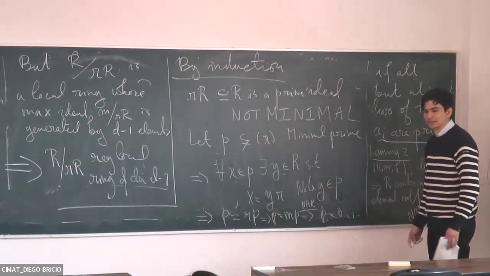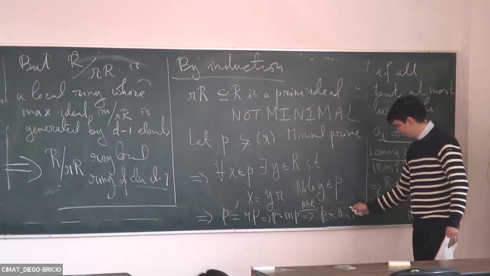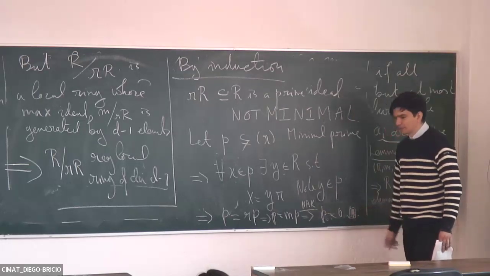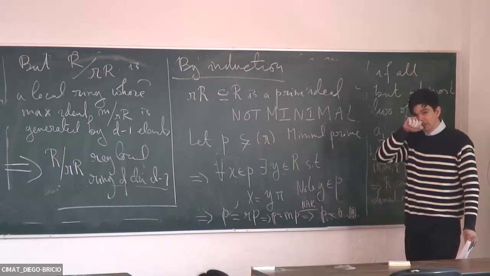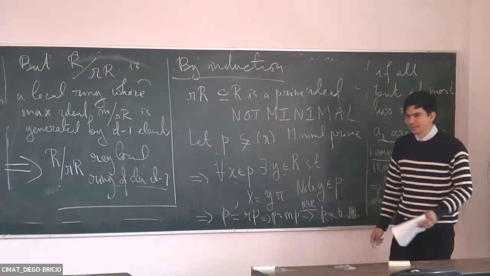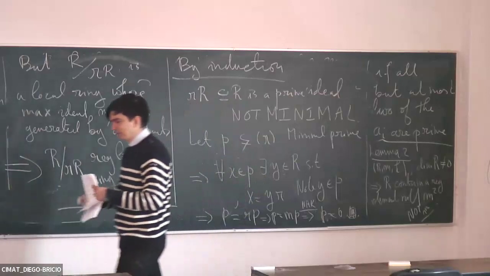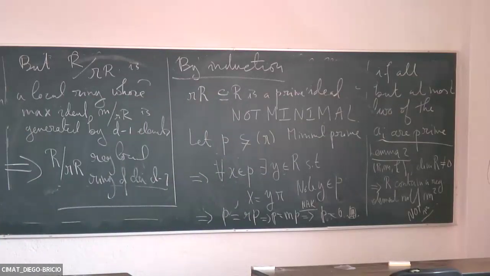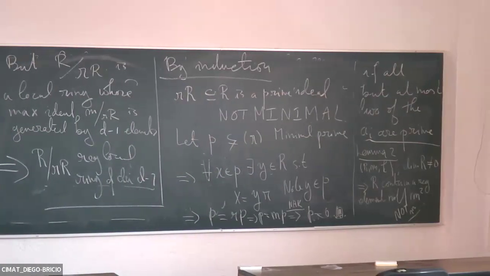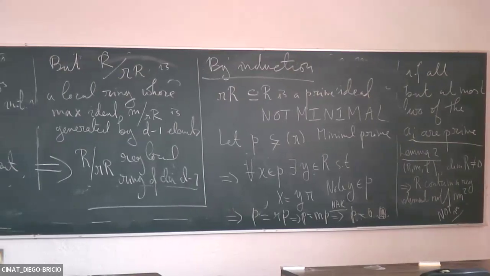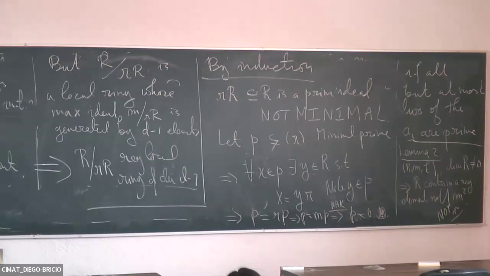Right? So there you are. It's very fun how everything is a consequence of Nakayama's lemma, right? You can define commutative algebra as the consequences of Nakayama's lemma. Okay, any questions so far with this proof? Or any question with any other thing?